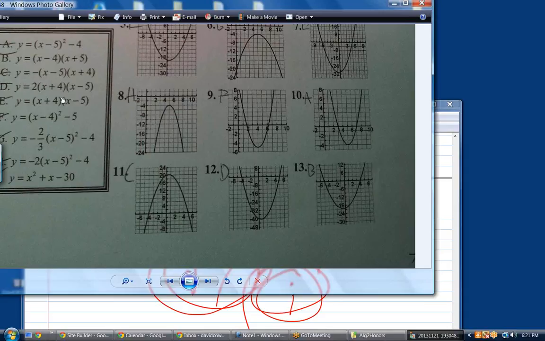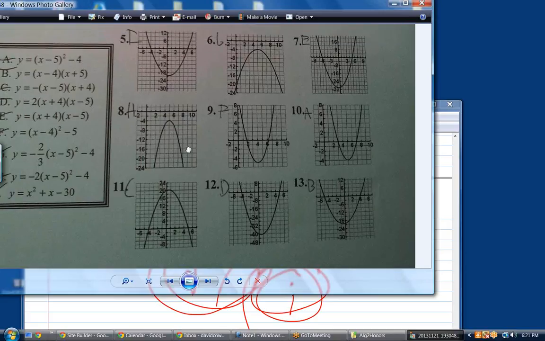And then the next one is just x plus 4 times x minus 5. So there's two very similar looking ones here that vary only by their width. We need x-intercepts of +5 and -4. Here's one.